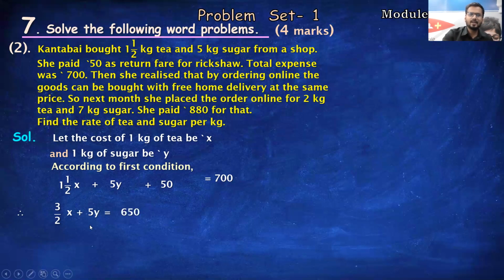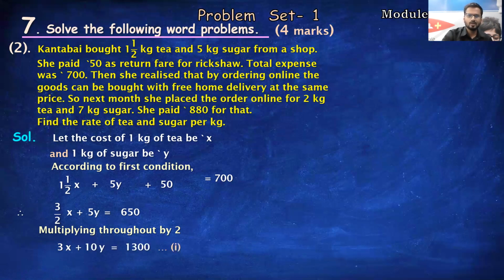Now 2 is there in the denominator, I don't want the denominator, so I will multiply throughout by 2, just to eliminate 2 from the denominator. So it will become 3x plus 5 twos are 10y is equal to 650 into 2, which is nothing but 1300. So this is your first equation.